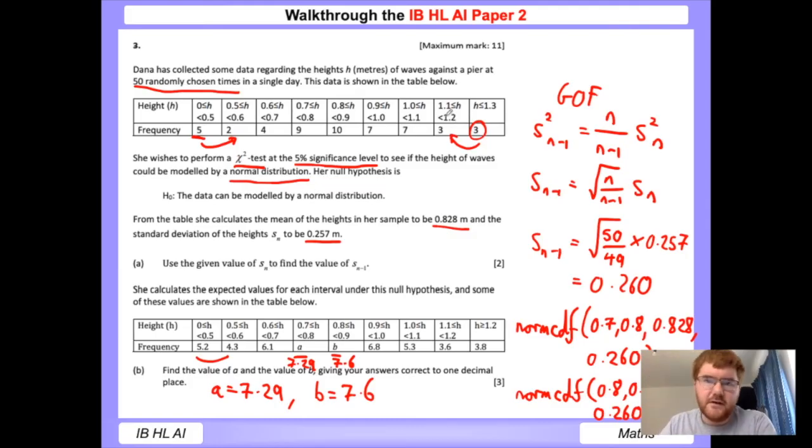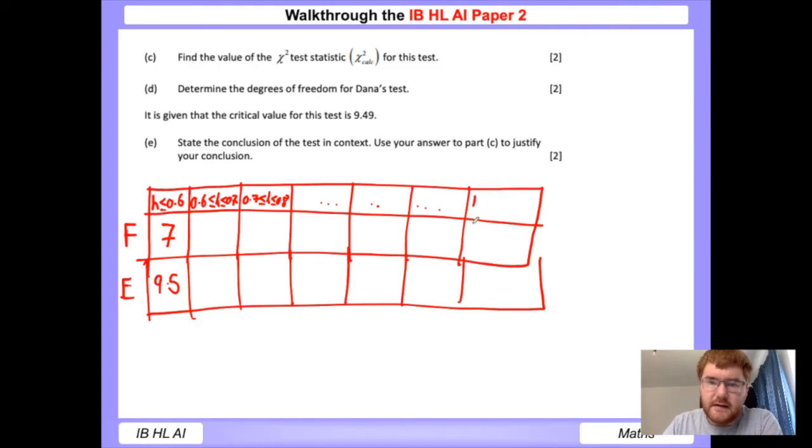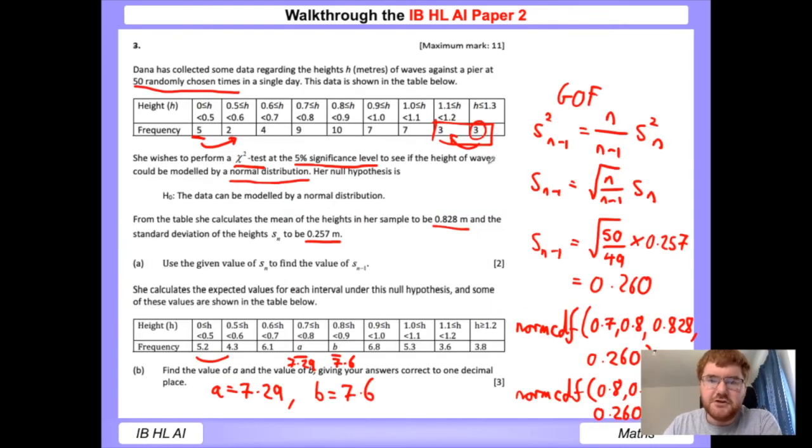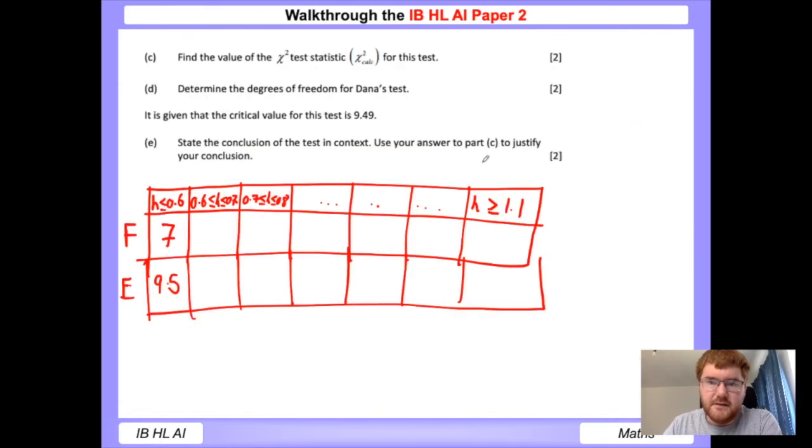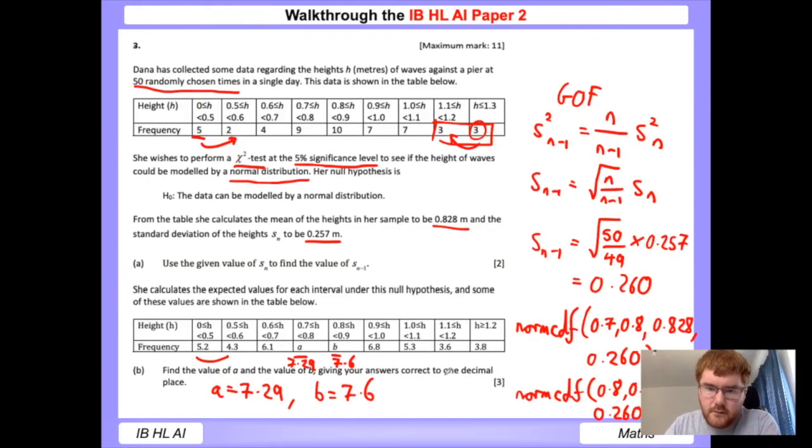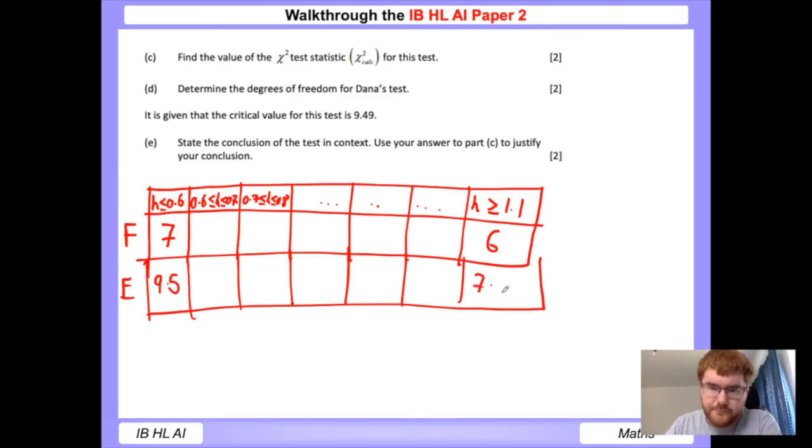Greater than 1.1, sorry, which is going to basically include these two together. So h is going to be greater than or equal to 1.1. So again, we're doing this kind of merging idea. So in this one here, we get 6, like so. And our frequency together is going to be 7.4.